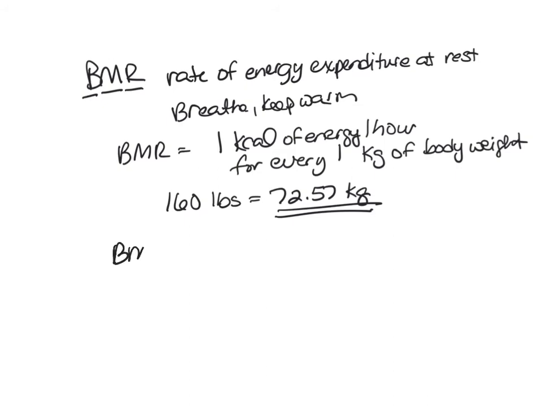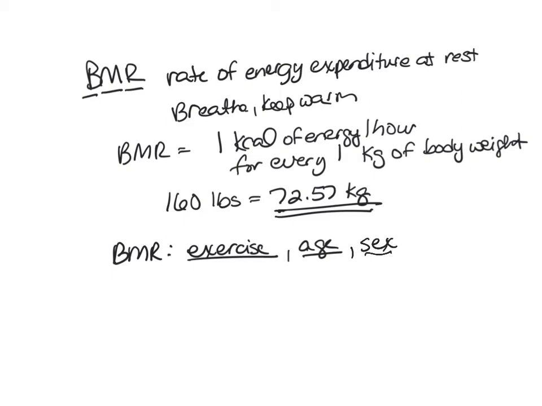The BMR is affected by different things. It's affected by exercise. If a person is exercising, their basal metabolic rate is going to be higher. They're going to be burning more than 72.57 kilocalories each hour. It's also affected by age. The older a person is, the less they're going to be burning each hour. Sex is also a factor.